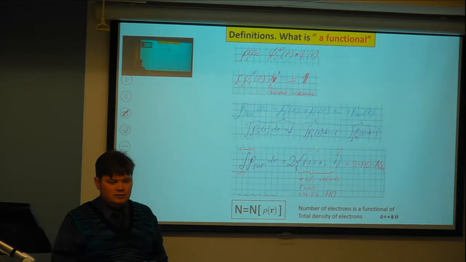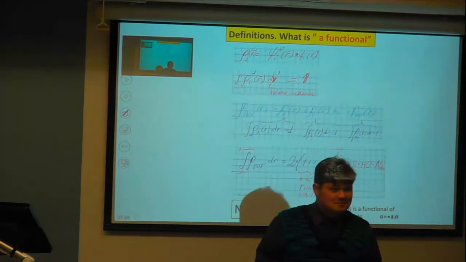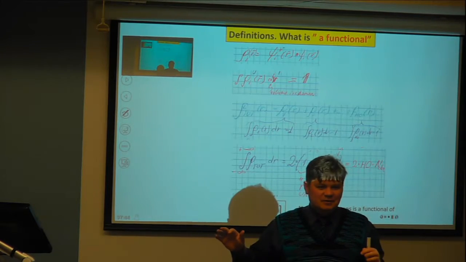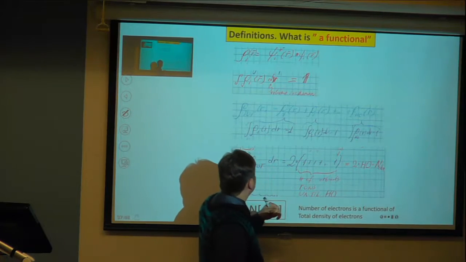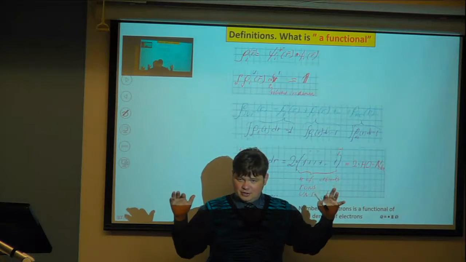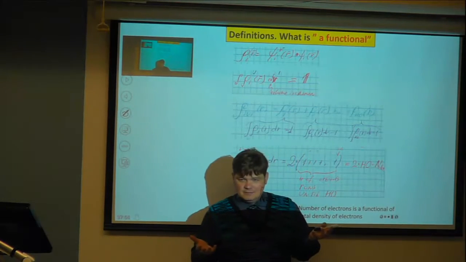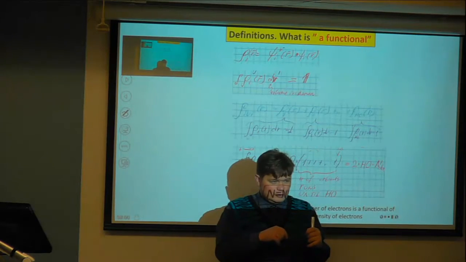I'm going to tell you a secret. Now you know what a functional is. Not each functional, not density functional theory, but the general mathematical concept of a functional. Your charge distribution is a function, a 3-dimensional function, and the number of electrons is a number. So the procedure that converts a function into a number is called a functional.